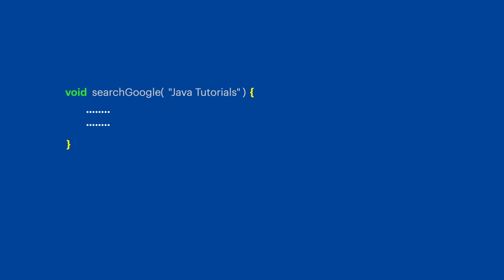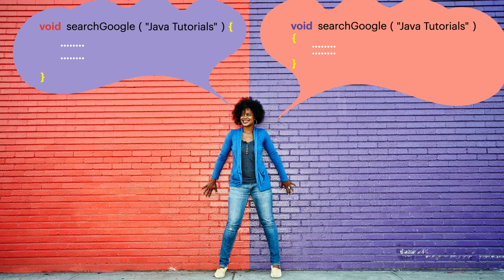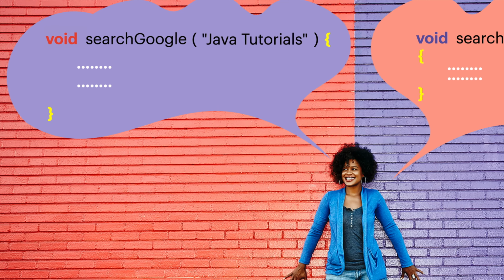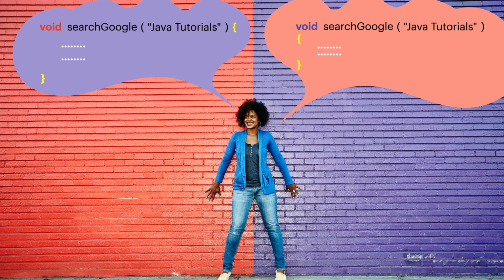After the parentheses, we add a pair of curly braces. And within these curly braces, we write our code. Now, let me tell you one thing. There are two ways of adding the curly braces. First way, we open the curly bracket on the same line where we have given the name and parameters of the function.